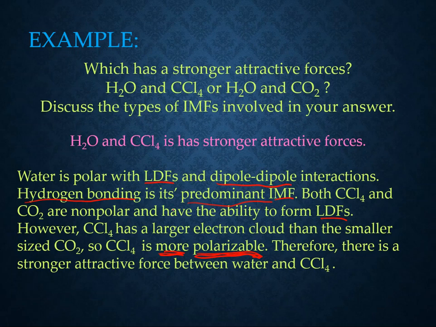So these are the kind of things that you want to state in making your claim, that the stronger forces are between water and carbon tetrachloride, and then your reasoning explaining both types of IMFs in the answer as you go along. And this is a very typical free response type question they would ask you to explain with regards to IMFs.